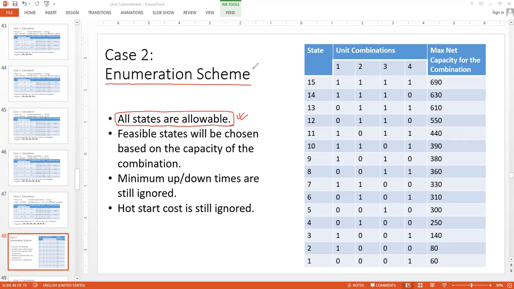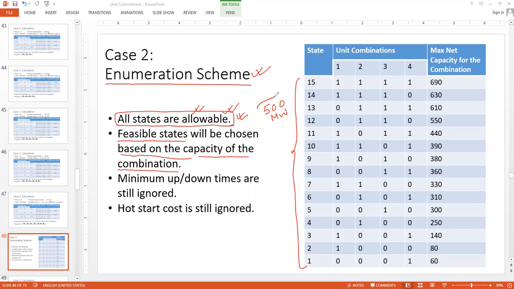Under the enumeration scheme, we choose the feasible states based on the capacity of the combination. So all states are allowable now, but among those allowable states, which ones are feasible? The feasible states must have the capacity to cover the demand.